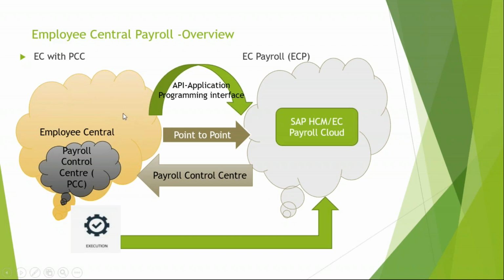Here I don't have a calculation capability. So I'm transferring this data through API from EC to ECP. And this is my P2P configuration. Through P2P configuration, I'm transferring data to ECP, so that to execute my payroll based on my master data, I'm transferring data from this place to this place. Any questions so far till this stage? Is it clear?